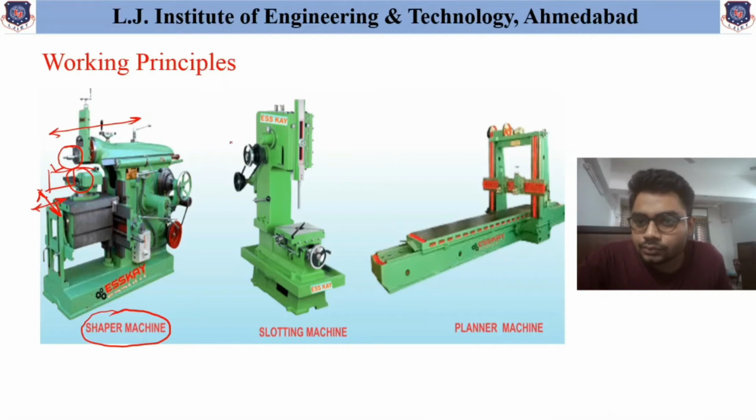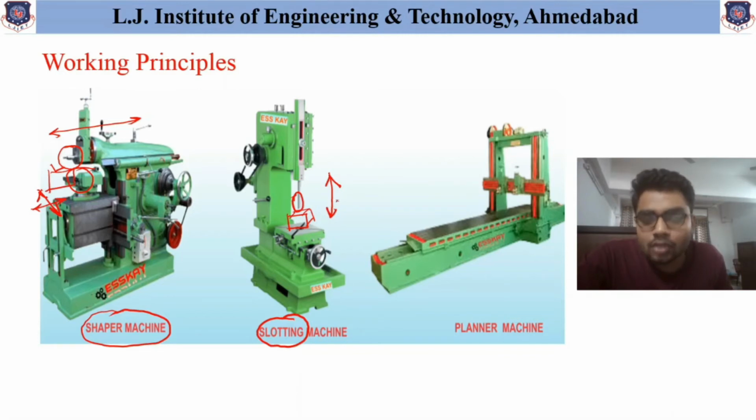Now the working principle of the Slotter machine. In this Slotter machine the tool is attached over here, and at the bottom side the workpiece is attached. To generate slots or keyways, reciprocating motion in the vertical direction, that is up and down movement of the tool, is necessary in the case of the Slotter machine.